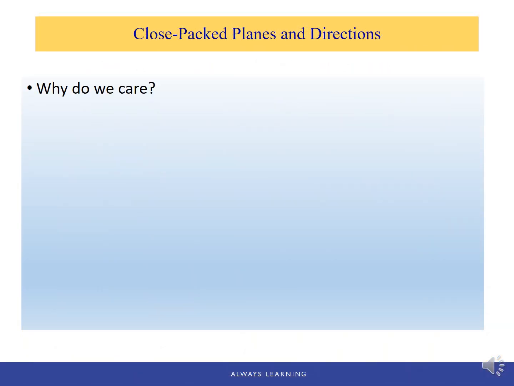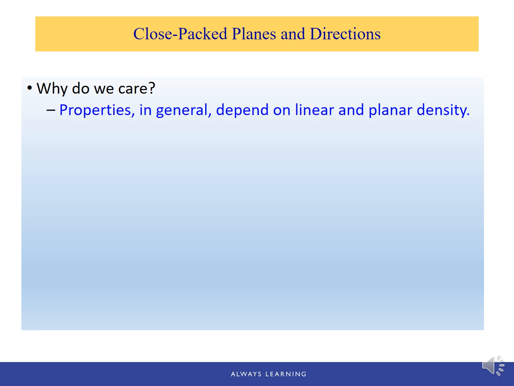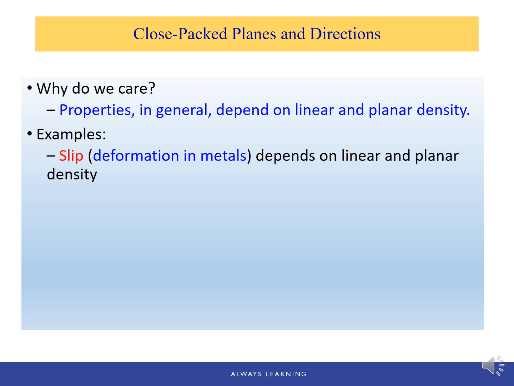So, why should we care about which plane and which direction is close packed and which is not? Does it really matter? Well, in general, properties depend on the linear and planar density. For example, later we will learn the mechanism of deformation in metals, which is called slip.